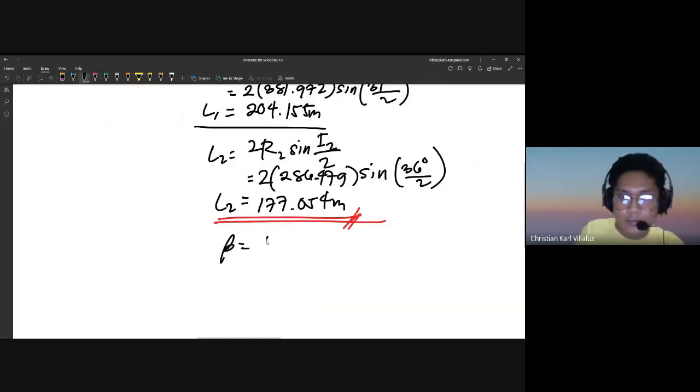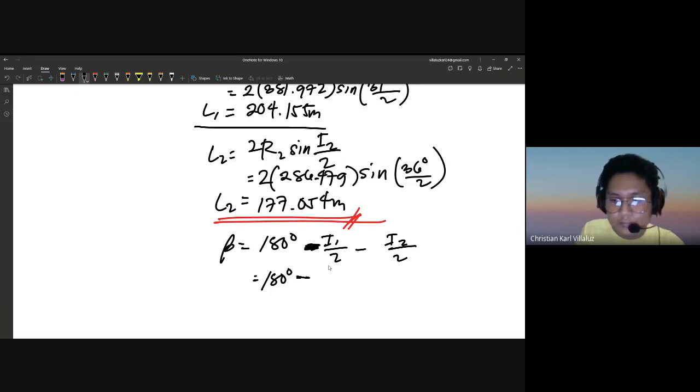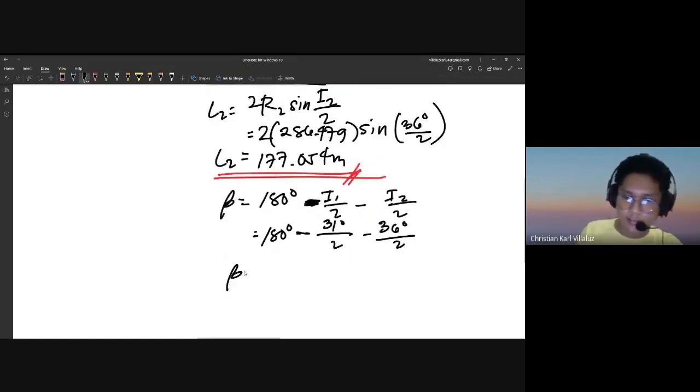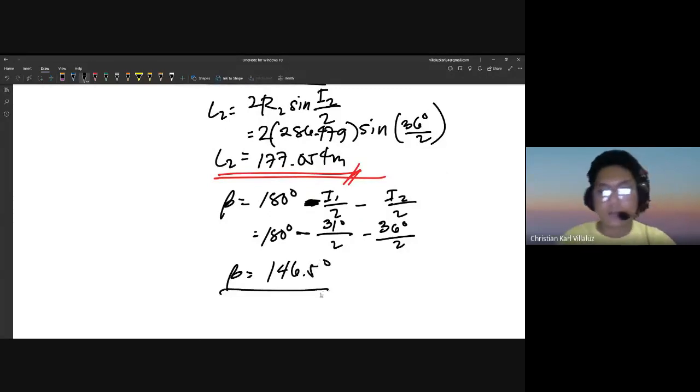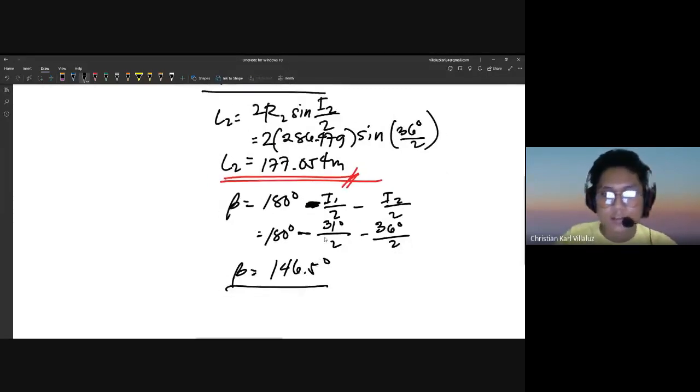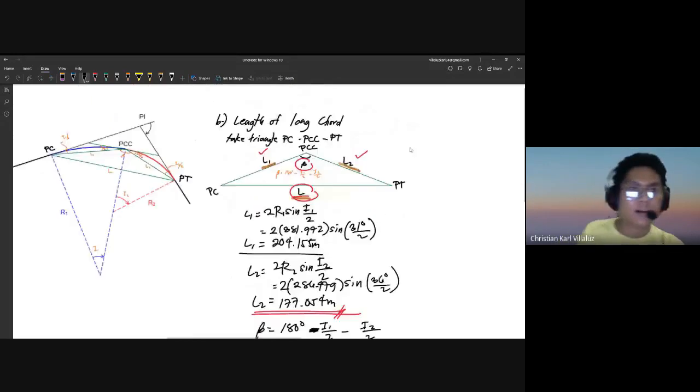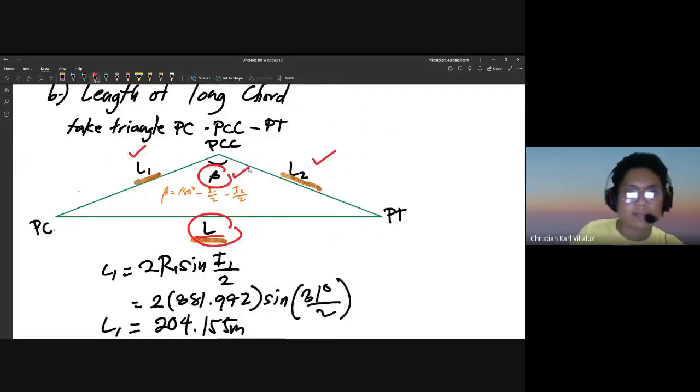Beta equals 180 degrees minus I1 over 2 minus I2 over 2. So, 180 degrees minus 31 degrees over 2 minus 36 degrees over 2. Beta is 146.5 degrees. Okay. So, kompleto na. Meron na tayo beta.